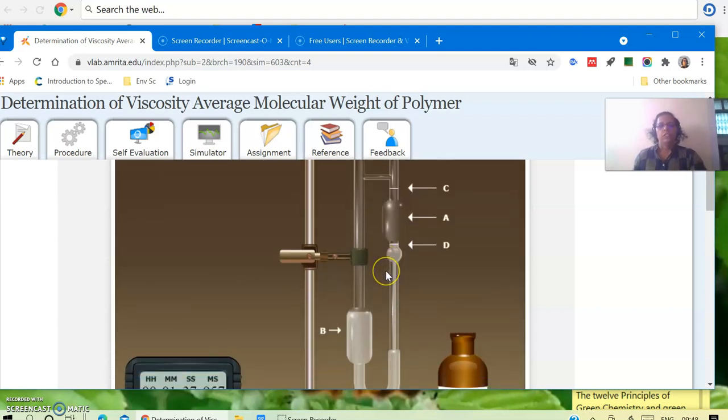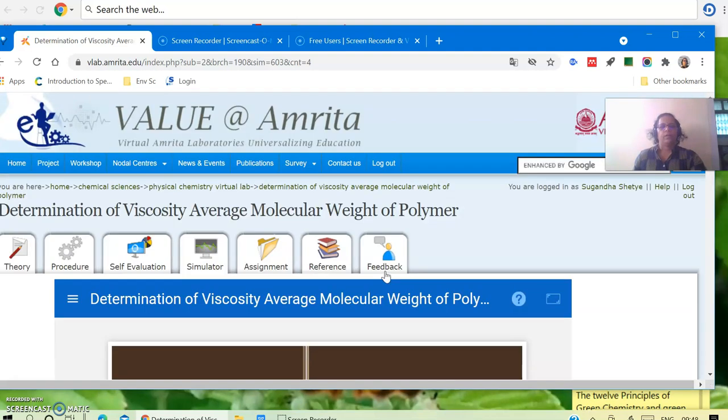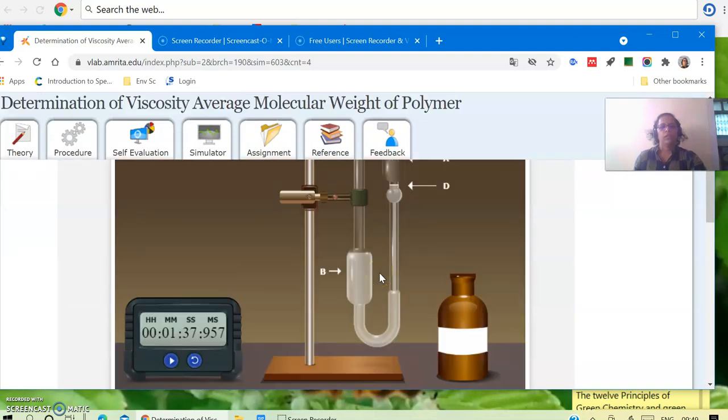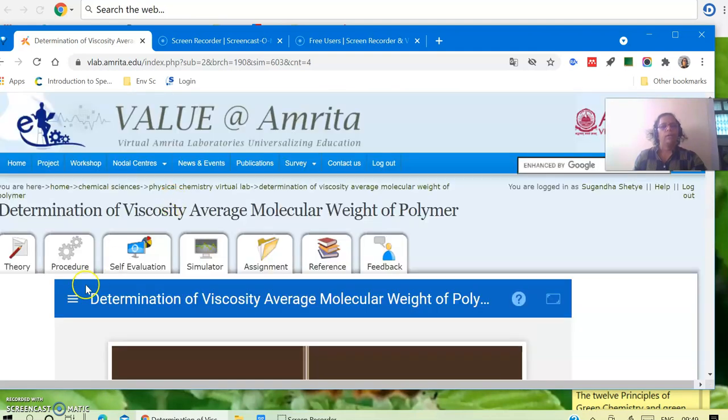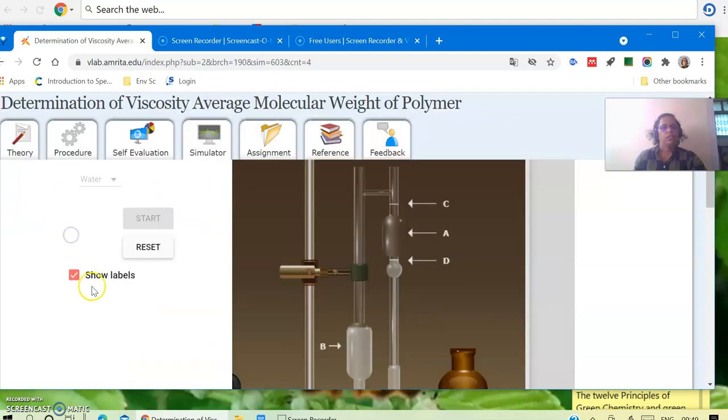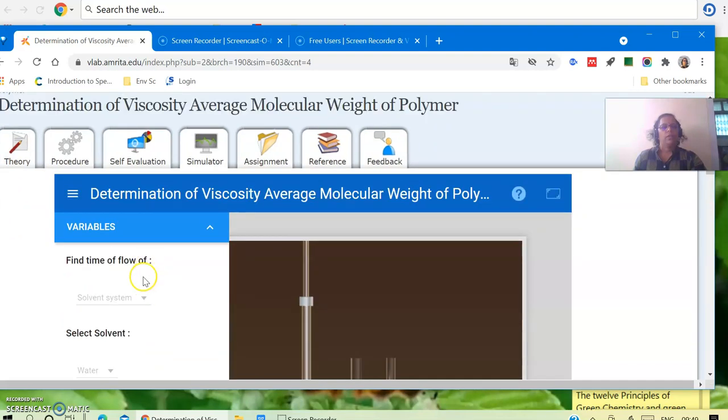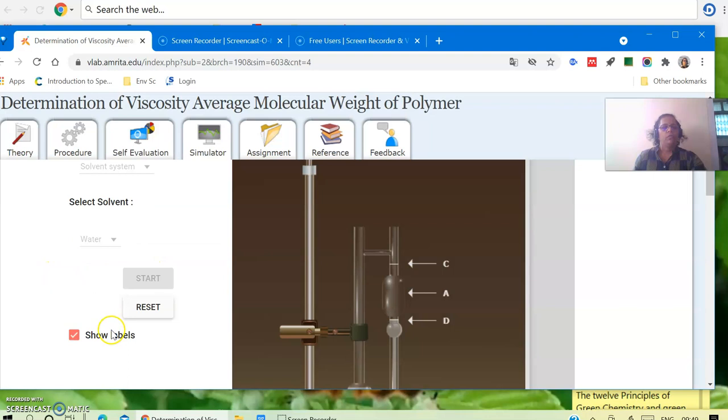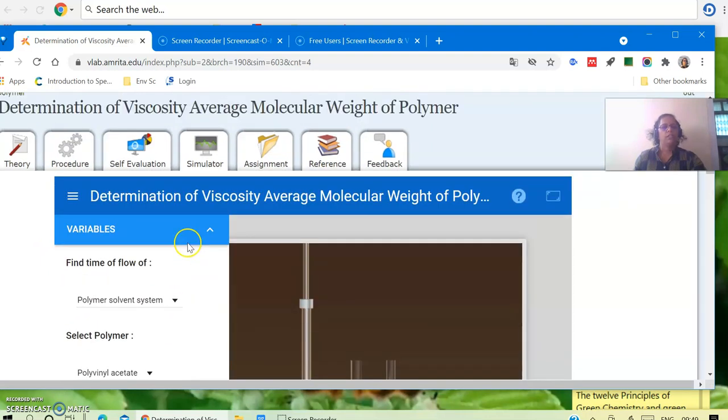Now this reading is repeated. So once again you will repeat this experiment. You will go back, and then you will say find the time of flow of, select the solvent. So I have to say first reset.